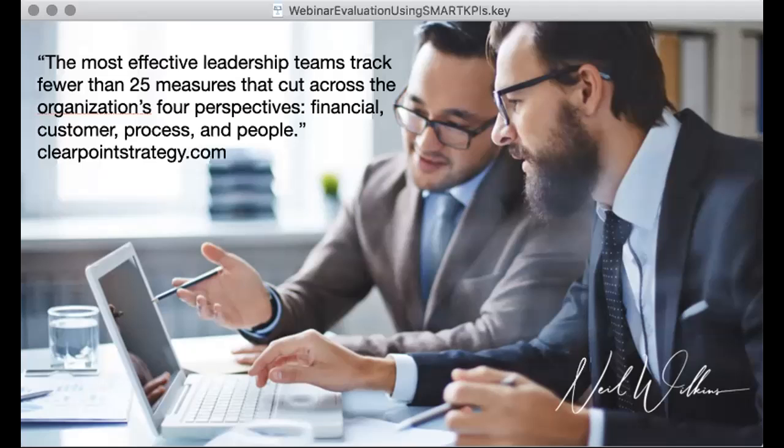So what ClearPoint Strategy are talking about here are having some indicators within a range of different things that might be going on in your plans or your projects or your campaigns. So they'll be giving you an indication of how the finance is going within those projects or plans, how your customers are reacting to what it is you're doing, how your process, the system, or the way that you're delivering this project or plan, or the overall business is going, and also the impact on people.